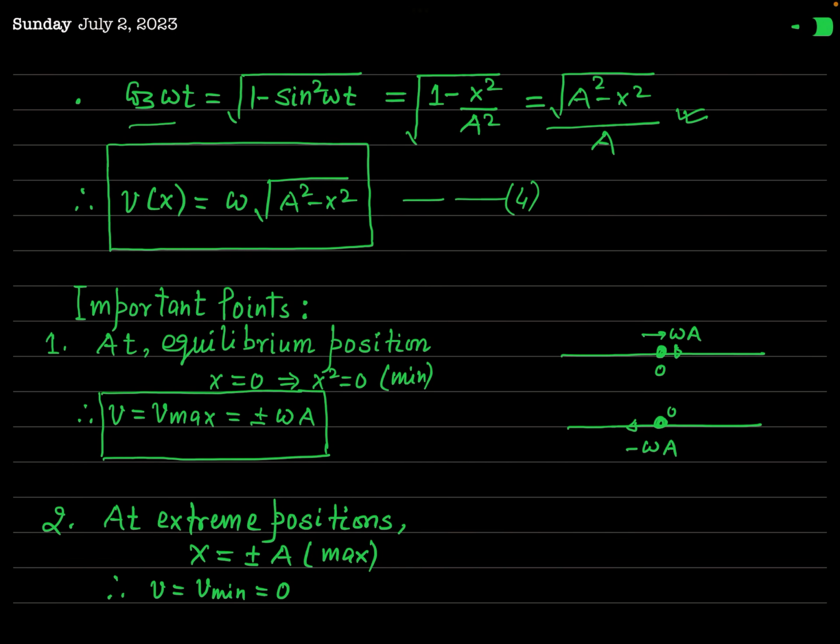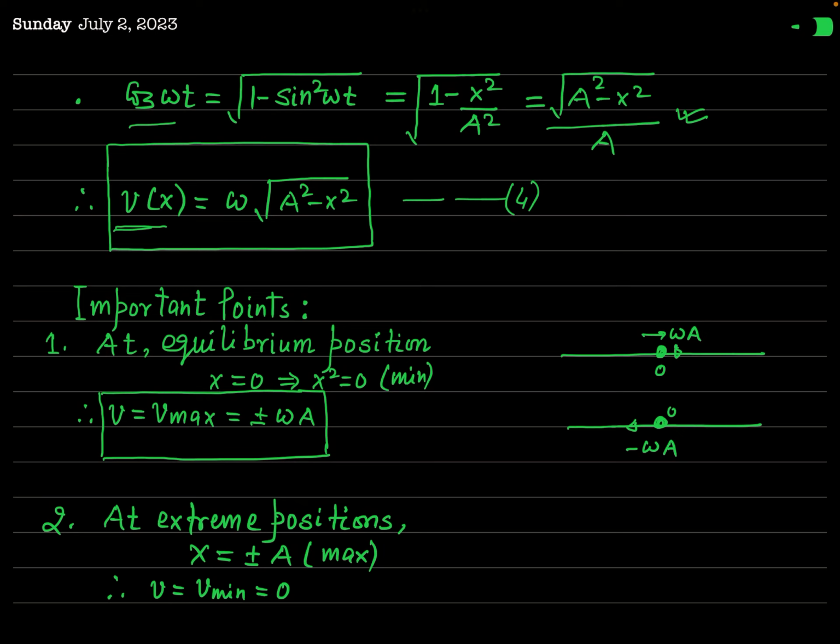So, the velocity of the particle when it is at x equal to x, which I have denoted by the symbol v of x, that will be what? That will be omega a times this much. But a in the denominator and a in the numerator will cancel out, and your expression for velocity will be what? This is omega times the square root of a square minus x square. Okay?